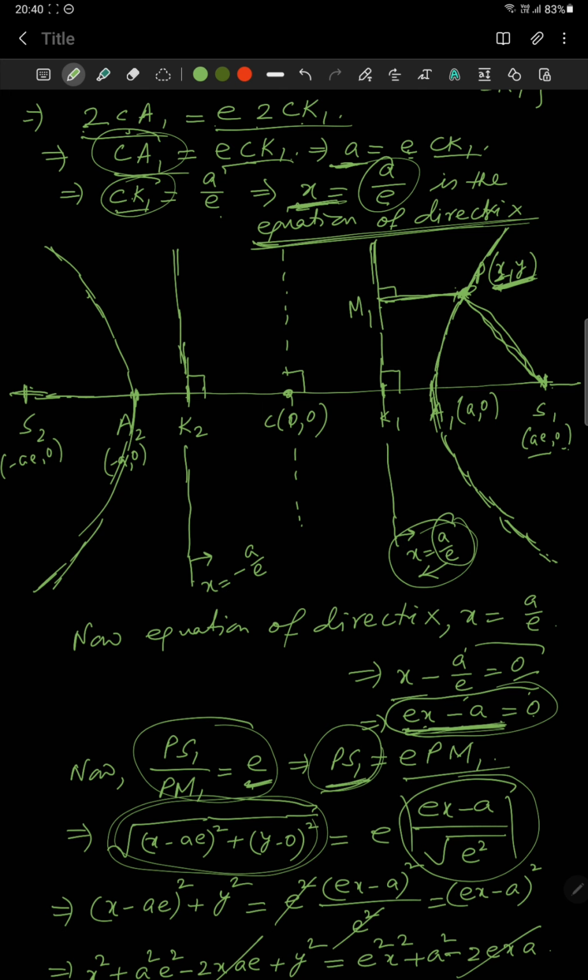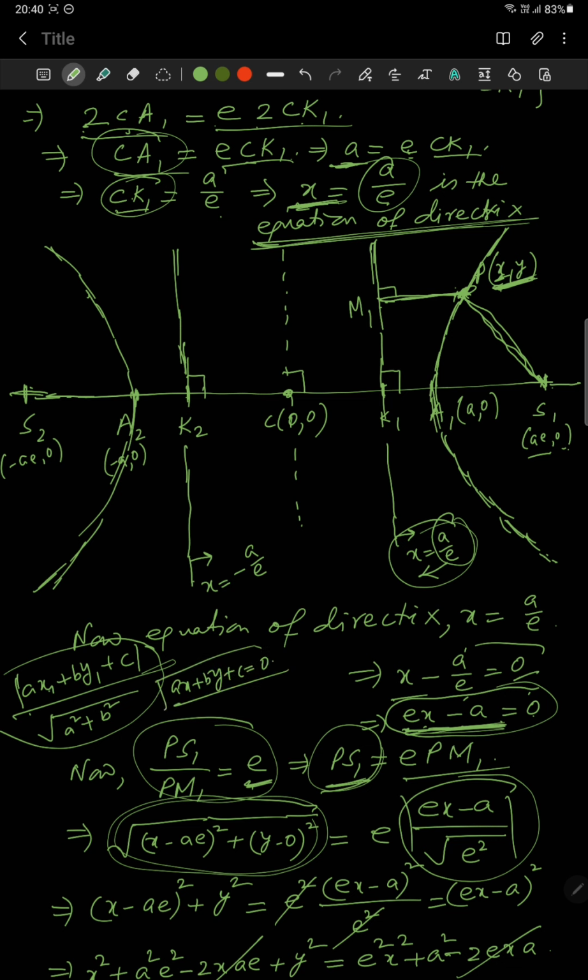I hope you remember that: ax1 plus by1 plus c modulus inside that whole divided by root over a square plus b square. That was the perpendicular distance of a point x1 y1 from the straight line ax plus by plus c equal to 0. If you don't remember, then go through the previous notes. I have already explained all this.